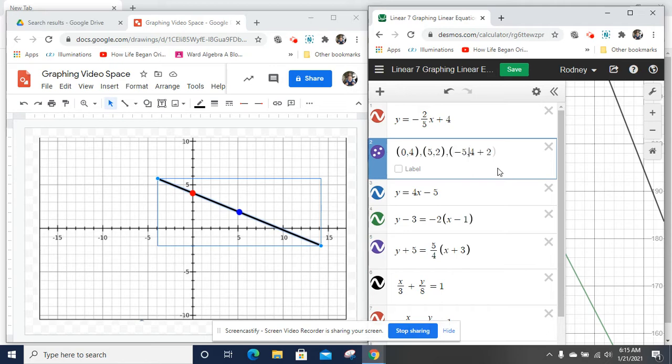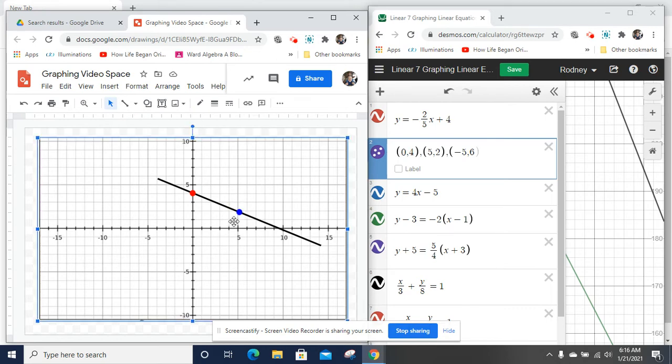So now I have a point here at negative 5, 6. And if I wanted to, I could grab this point and move it over to, oops, I'm not trying to stretch it out. Let me undo what I just did. Okay, so Control Z. If you get stuck, you can always Control Z that thing. Okay, it seems to think I want to stretch it. Now, here we go.